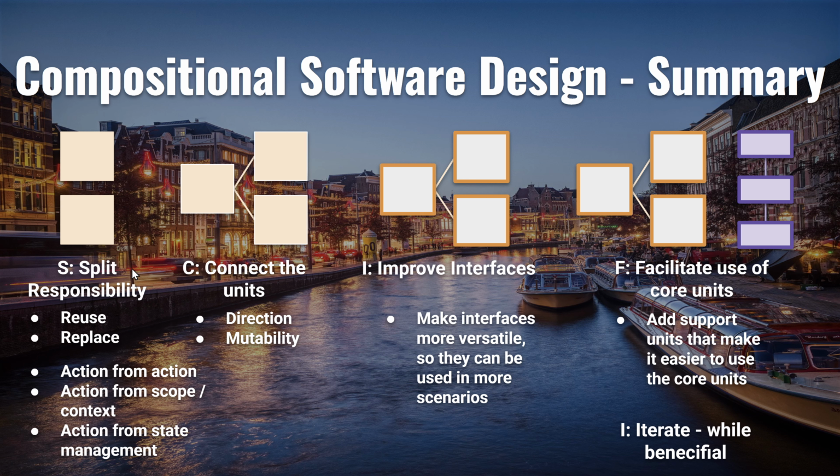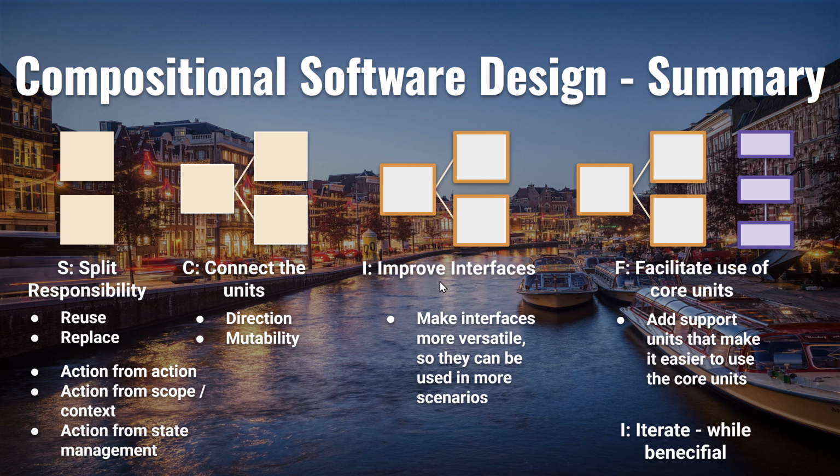Once the units have been split, we need to connect them again. And when we connect them, we need to think about the direction of the connections between the units, and we need to think about the mutability of these connections.